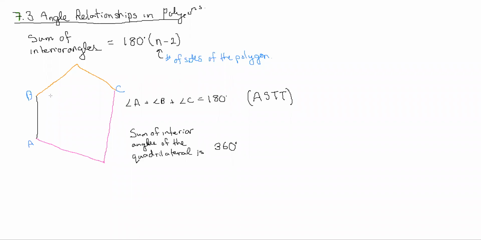Well, once again, the interior angles for triangle ABC is 180, the interior angles of the bottom triangle is 180, and the interior angles of the top triangle is 180.